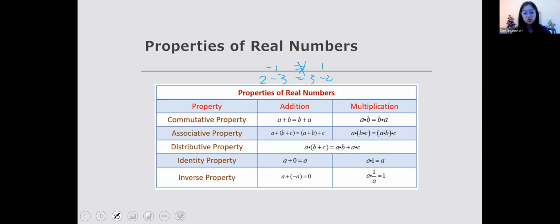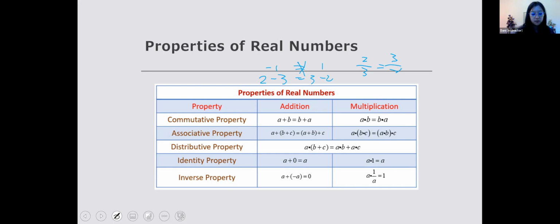And as I said, you also do not use this for division, as seen here. Is 2 over 3 the same thing as 3 over 2? No, these two are completely different numbers. So we do not use the commutative property for subtraction or division.